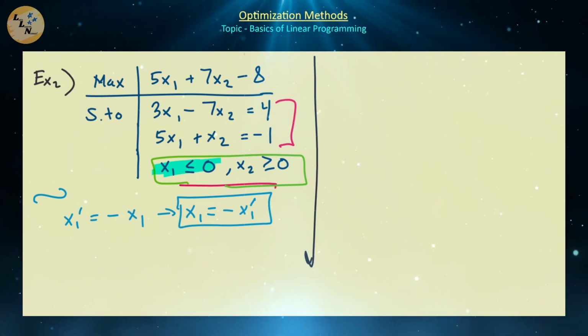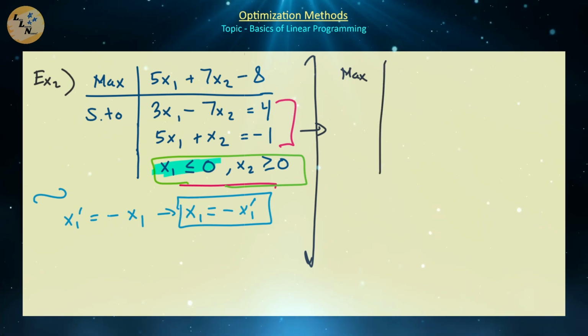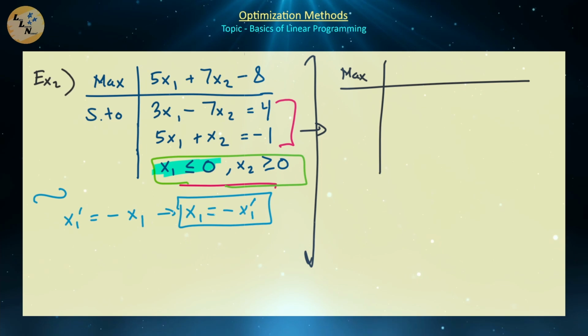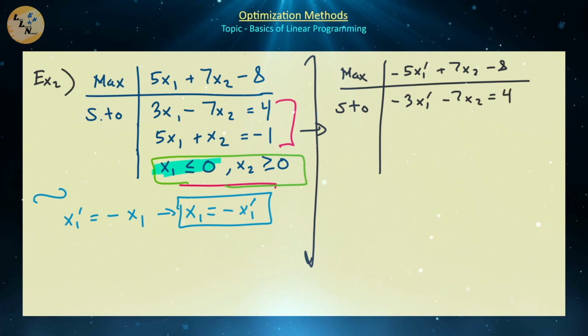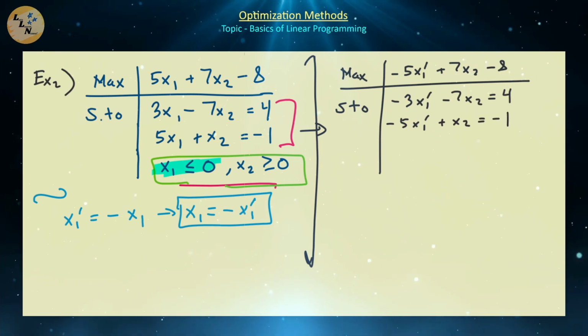So once we have that particular transformation, what will that turn into? So it's still going to be a maximization problem, but instead of maximizing 5x1 plus 7x2 minus 8, we're going to be maximizing minus 5x1 prime plus 7x2 minus 8, subject to the equations minus 3x1 prime minus 7x2 is equal to 4, minus 5x1 prime plus x2 is equal to minus 1.